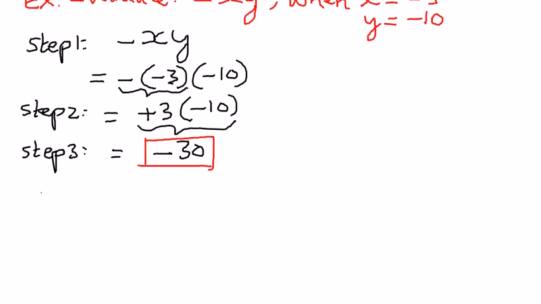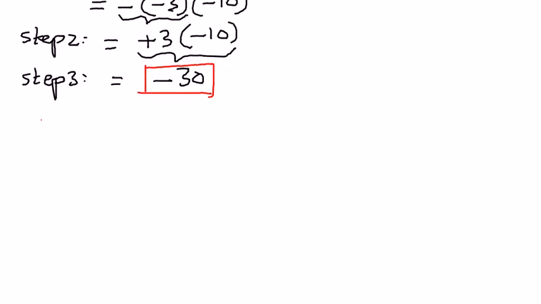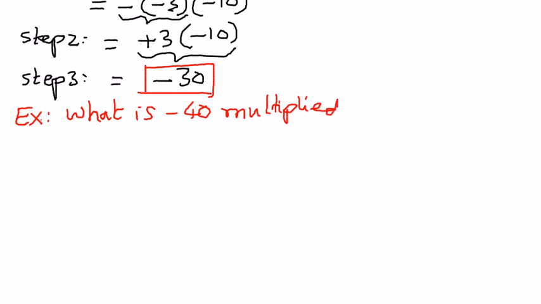Let's take another example. This time, let's say we want to say what is negative 40 multiplied by 50. If we have a word problem of this nature, what is negative 40 multiplied by the number 50?